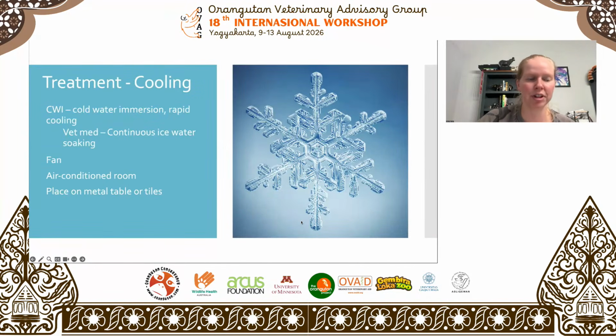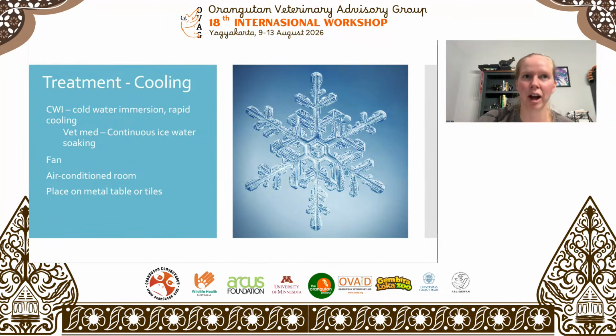Our very first initial treatments are going to be to use all of those different methods of heat dissipation that I talked about to try and get the patient as cool as possible. There's a lot of debate on whether you should use ice or cold water. I think you should just use whatever you have available.